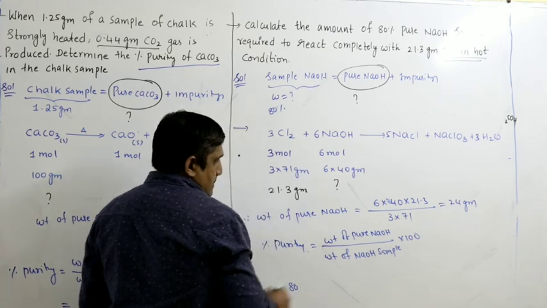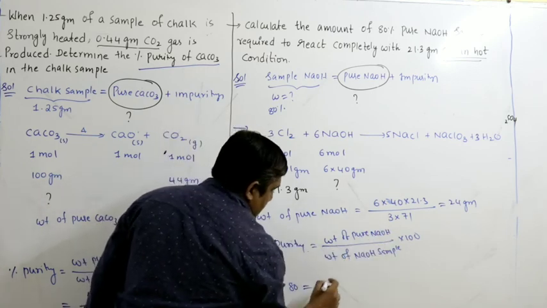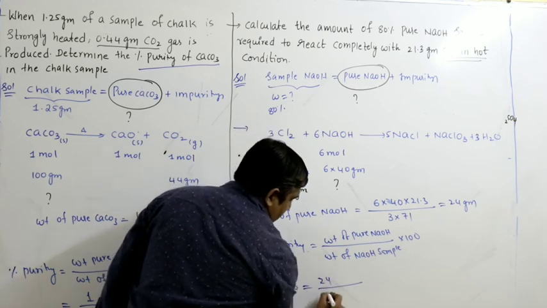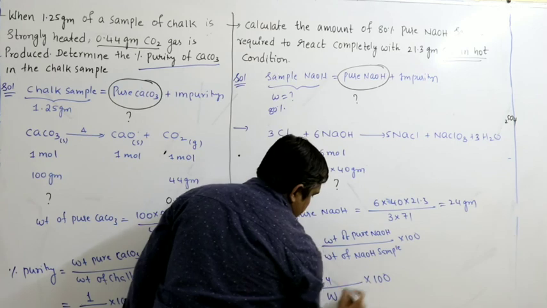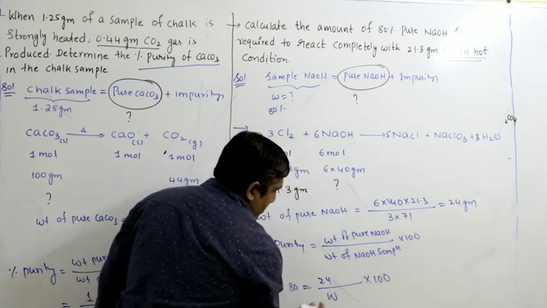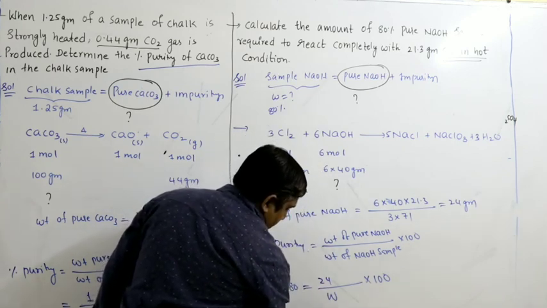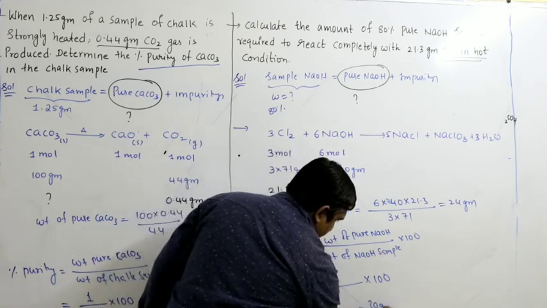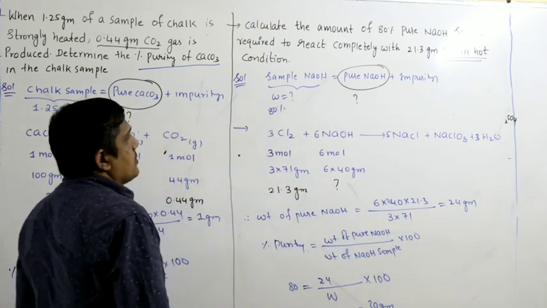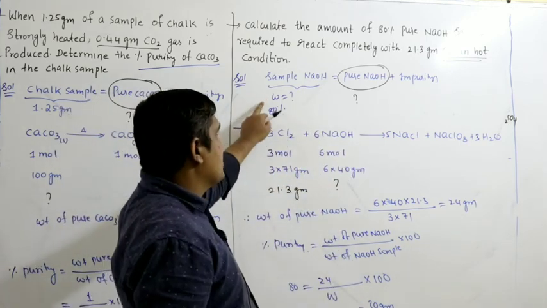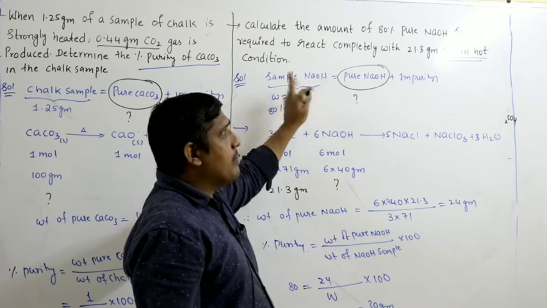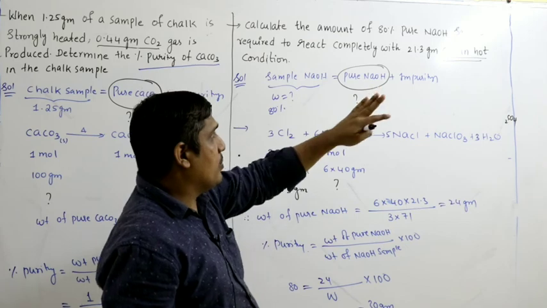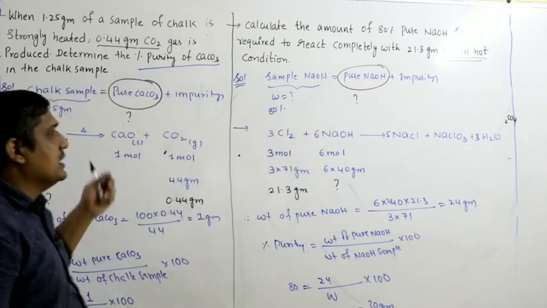Weight of pure sample we got is 24, weight of sample is 30 grams. So you have to take 30 grams of 80% sample NaOH to react with 21.3 grams of chlorine in hot conditions.